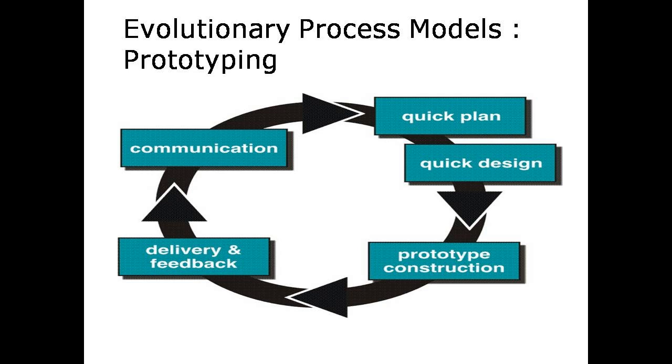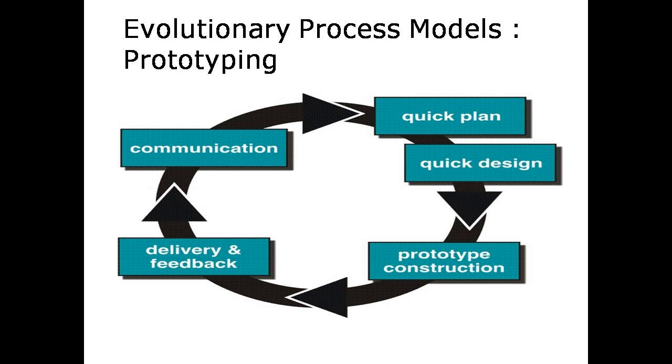Then, after establishing the prototype objective, a prototyping plan is proposed. This plan is quickly designed, and a model of the software layout visible to the customer and end user is developed. Then in the next stage, quick planning and modeling lead to a quick design, which leads to prototype construction.